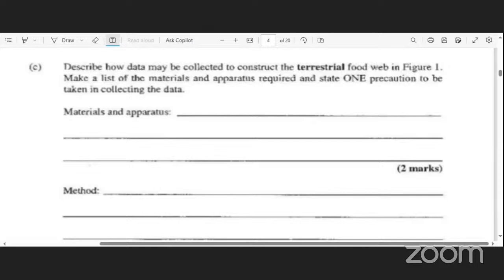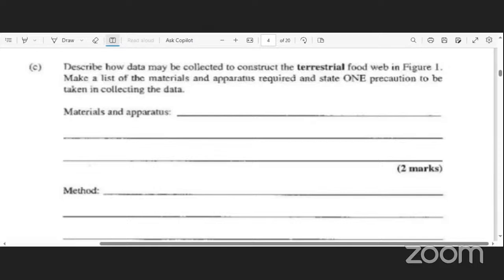And then you will revisit the area maybe after 3 days, 4 days, depending on you. So you will revisit the area and then you're going to tabulate your information. So that is how we would go about carrying out the method in order to collect data from all the organisms present within the terrestrial food web.